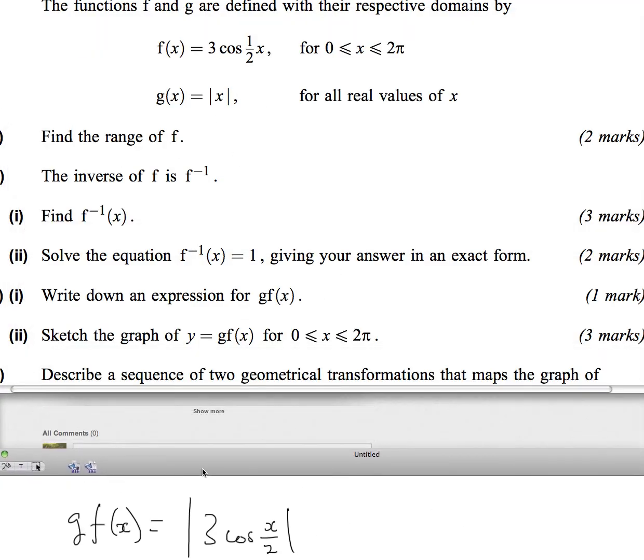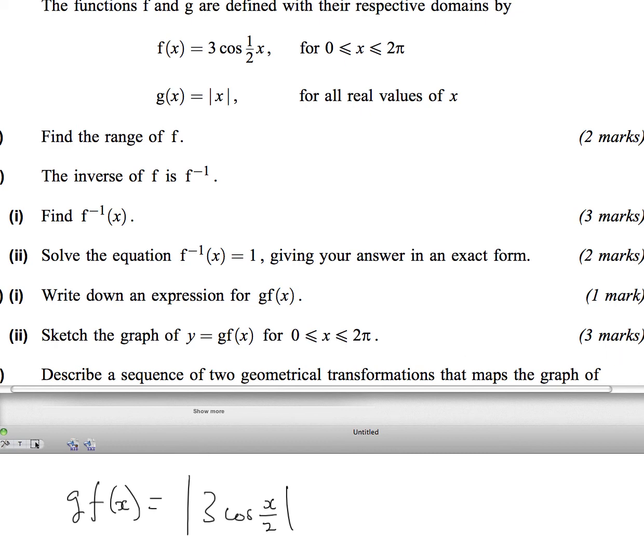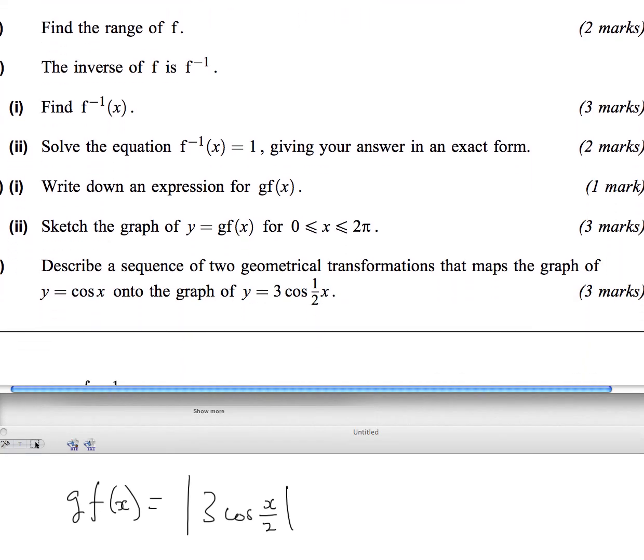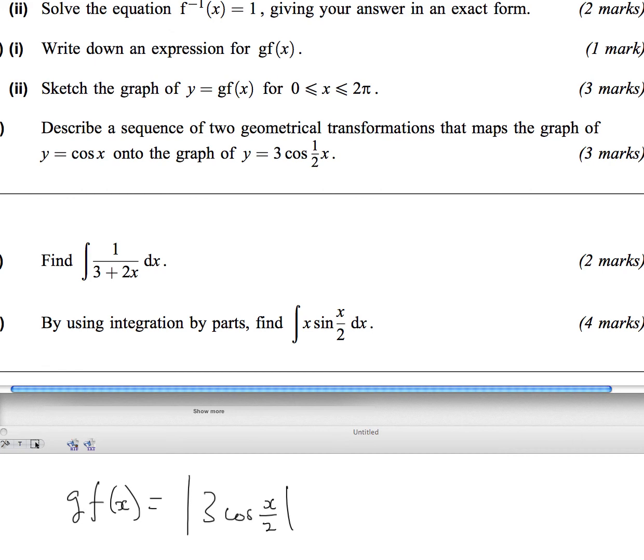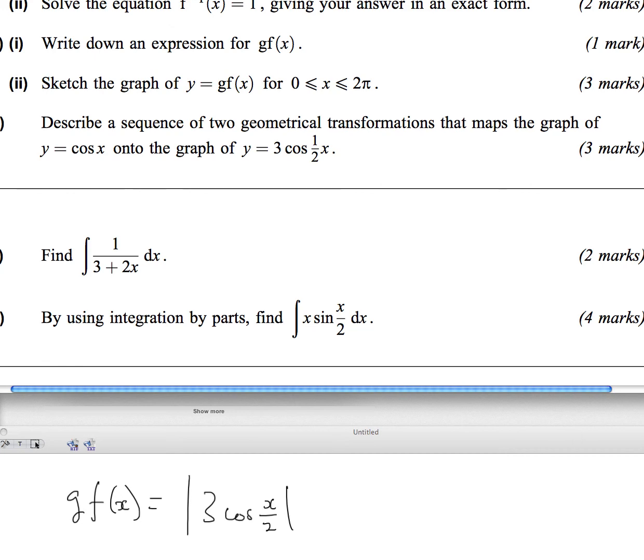Describe a sequence of geometrical transformations to map cos x to that one there.